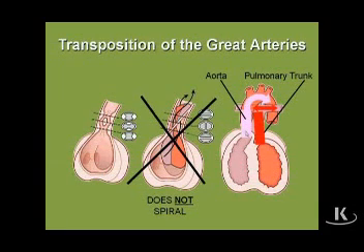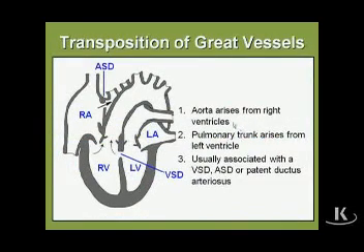And then eventually, that transposition would have to be surgically repaired. And these days, that gets repaired really quite early after birth. So here we see the adult appearance of transposition, where we see the right ventricle feeding into the ascending aorta, and we see the left ventricle feeding into the pulmonary trunk.